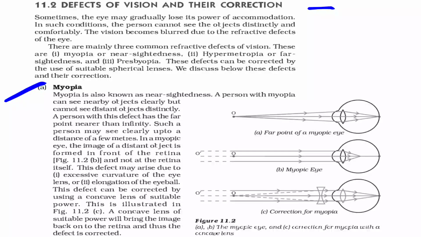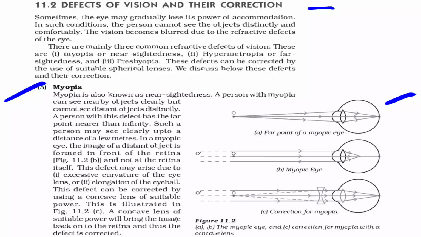In a myopic eye, the image of a distant object is formed in front of the retina, as shown in the figure, and not at the retina itself. This defect may arise due to excessive curvature of the eye lens or elongation of the eyeball. This defect can be corrected by using a concave lens of suitable power.